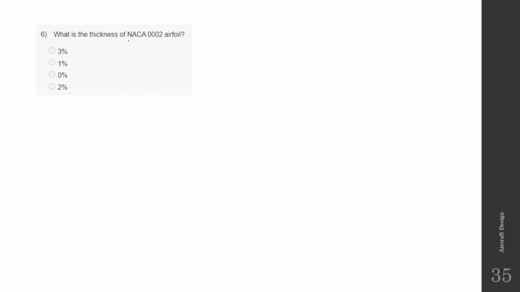This is the next question. What is the thickness of NACA 0002 aerofoil?